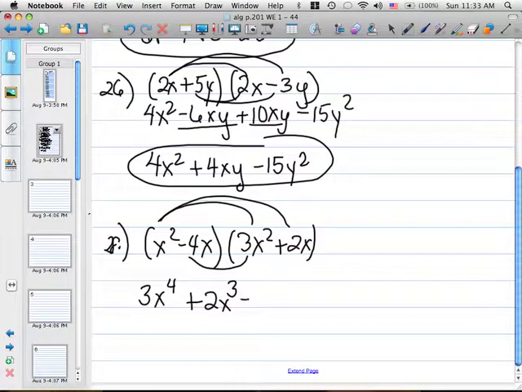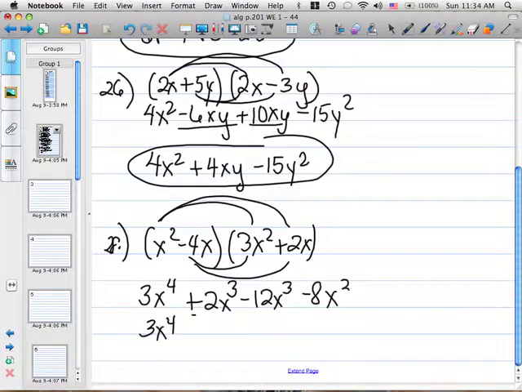Inner terms, negative 12x cubed. Last, minus 8x squared. So that comes out 3x to the fourth. These two are like terms. They both have x cubed, so that's negative 10, positive 2 and negative 12, x cubed minus 8x squared.